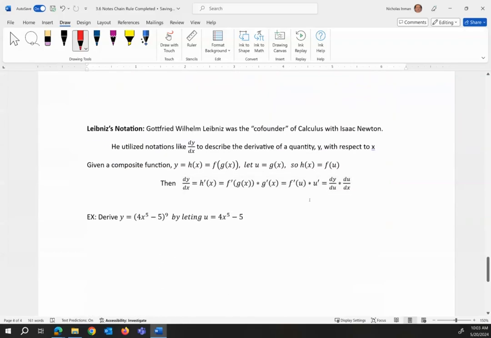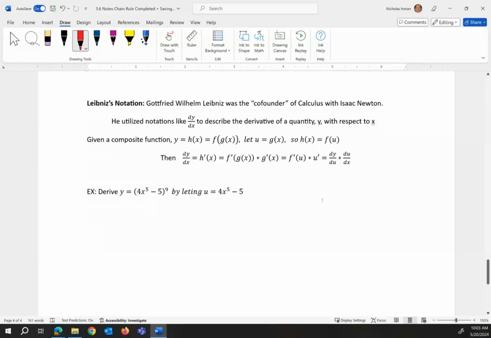Last but not least, you might see some slightly different notations as you're doing the math with math or looking through the book. And we have the Leibniz notation. I don't know how much you've read about the history of calculus. There were two people who kind of co-founded calculus. Isaac Newton gets most of the credit.